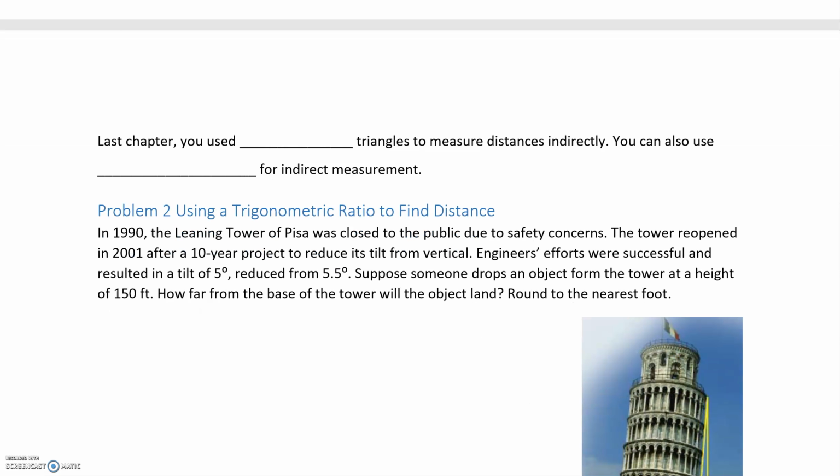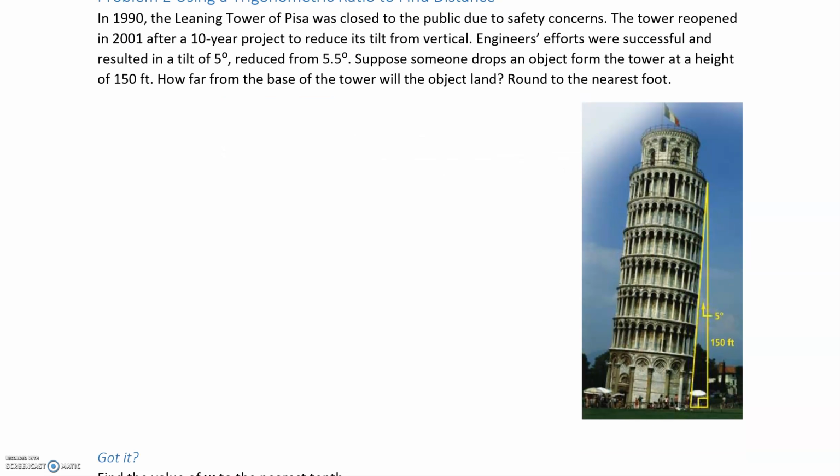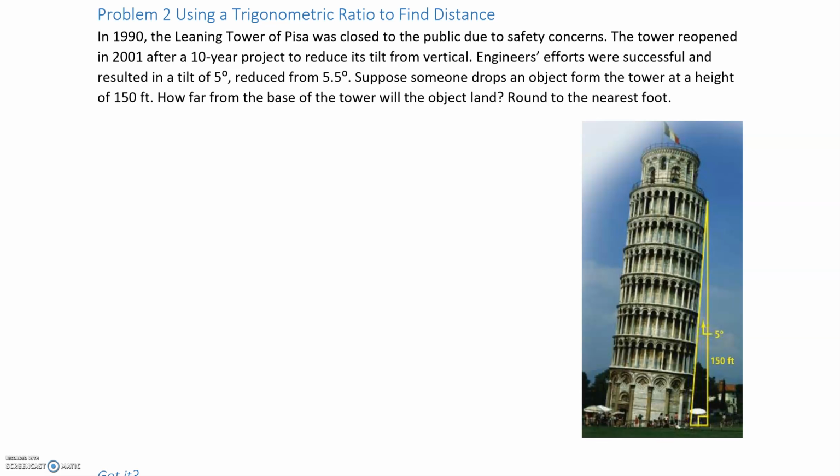So last chapter we used similar triangles to measure distances indirectly. We can also use our trigonometry to measure distances. So in the Leaning Tower of Pisa, in 1990, it was closed to the public due to safety concerns.